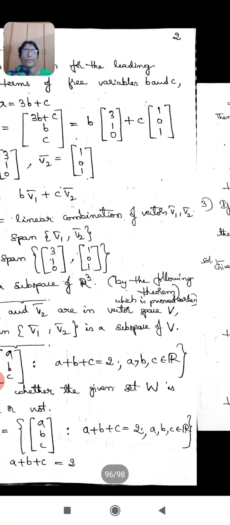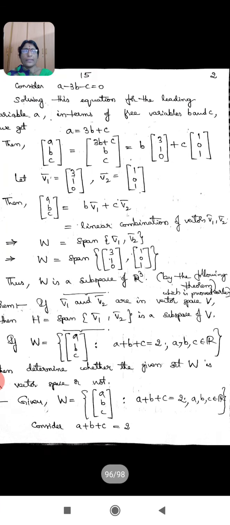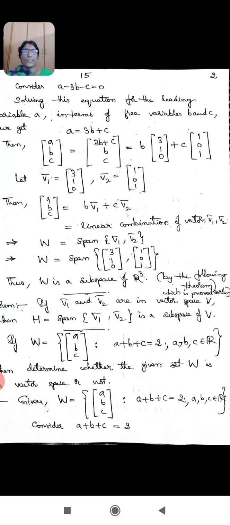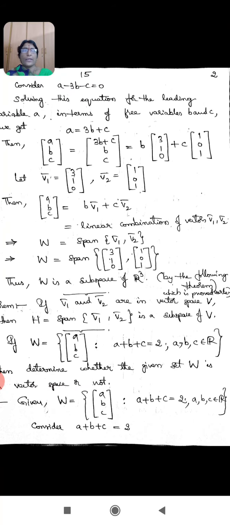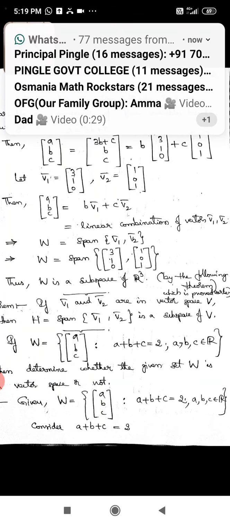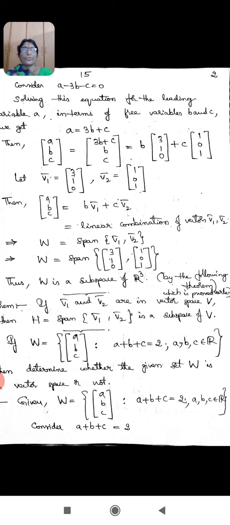By this theorem, whenever v1 bar and v2 bar are any two vectors in a vector space V, then the set H, which is the span of v1 bar, v2 bar, is a subspace of V. Using this theorem, here also we can see W is equal to the span of v1 bar, v2 bar, and that is how W is a subspace of R3.